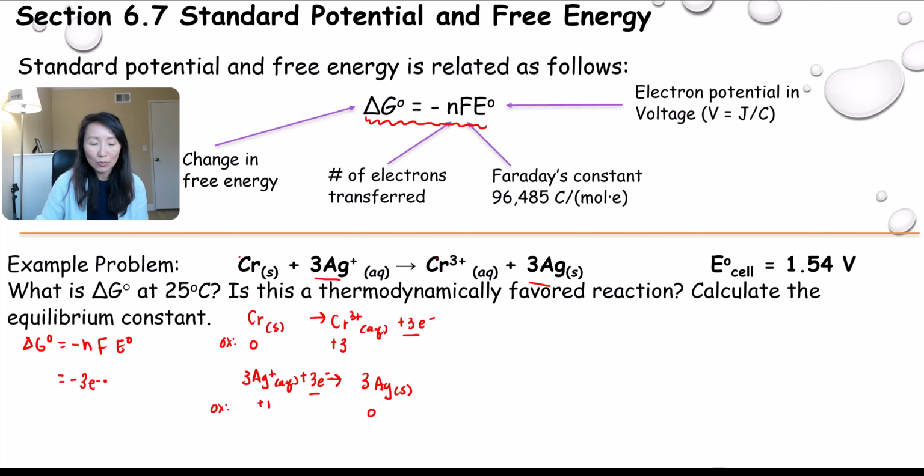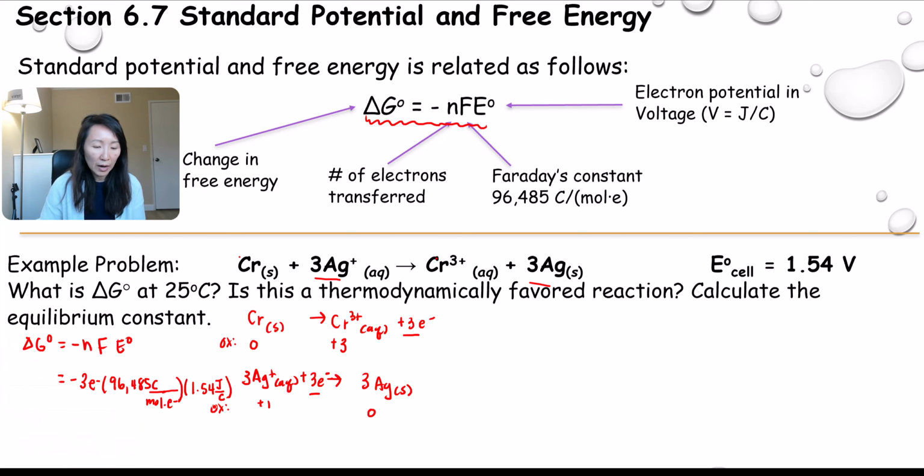The Faraday constant is already given to you, which is 96485 coulombs per mole of electrons. And then we have our voltage, which is 1.54. I could put V as our voltage, but I'm going to put it as joules per coulomb because it'll show you how everything cancels out really neatly.